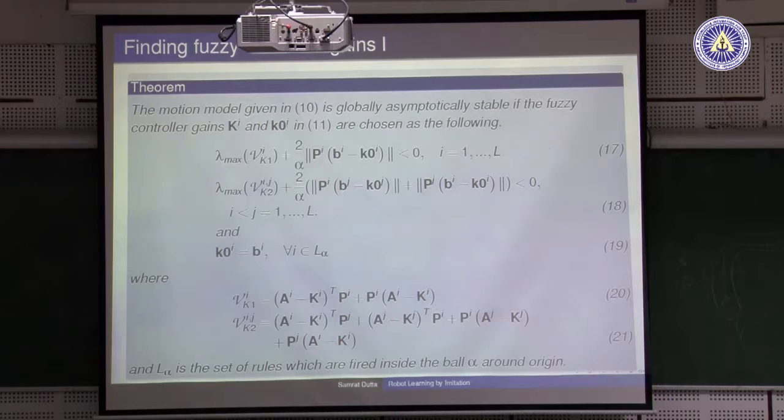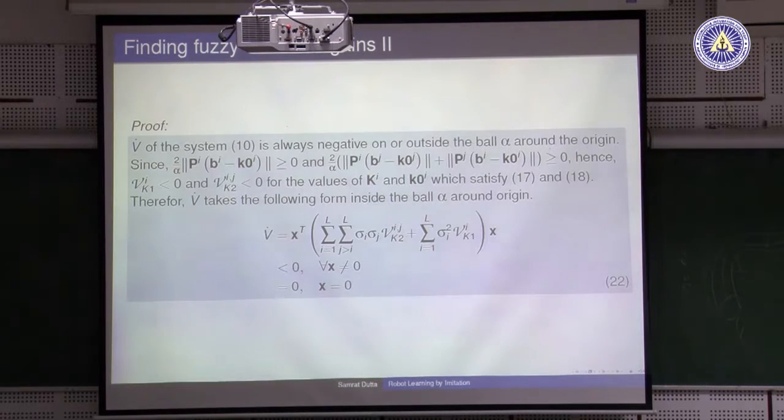For that, this theorem is... and see, in this region L alpha, it is basically a region around the origin where we make sure that no disturbance is working, so that we learn this K0 to nullify the effect of B0. In that way we learn this controller, and this again is learnt in a genetic algorithm, and this is the proof. I will skip it.